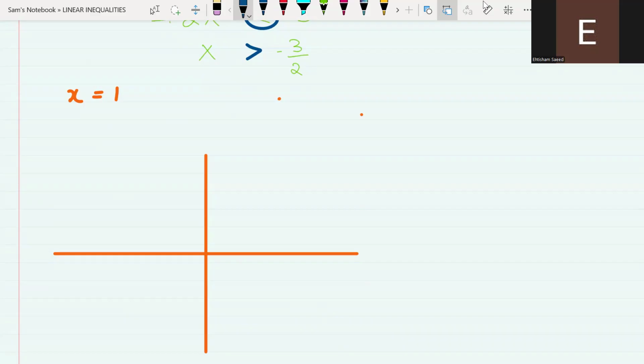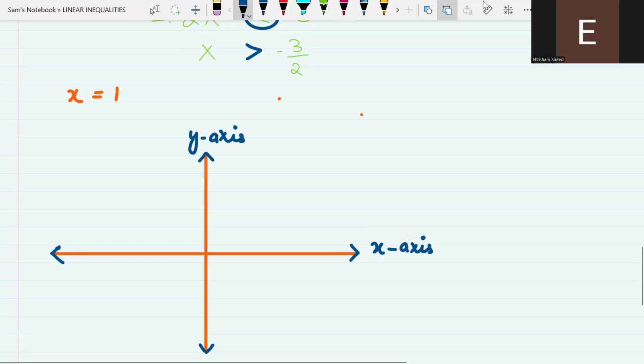For example, where is the x-axis and where is the y-axis? Very first concept. This axis is known as the x-axis. This is known as the y-axis, although we have done it already. Here, if you see, this will be plus 1, plus 2, plus 3, plus 4.